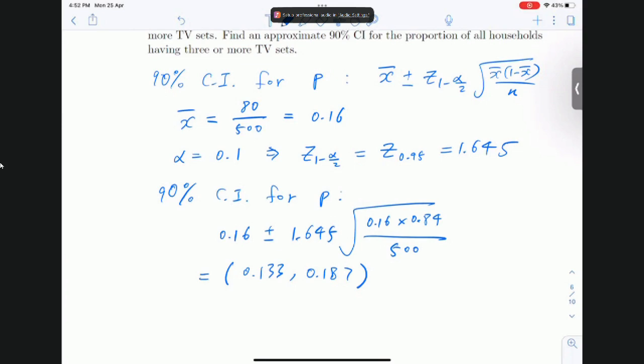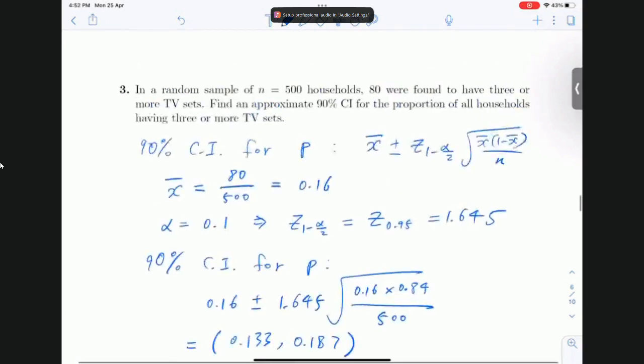This question asks for the probability of our household. So why is the answer not this one? Because this is for one household, not all households. It is the proportion, not the probability. Oh, okay. So this is kind of a wording problem.